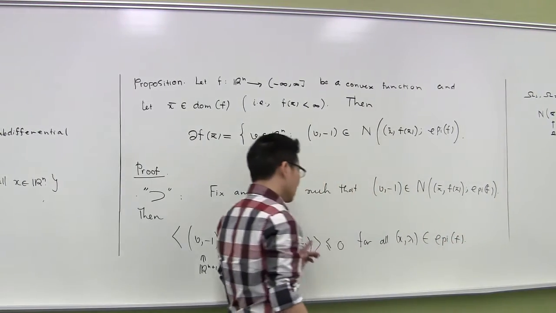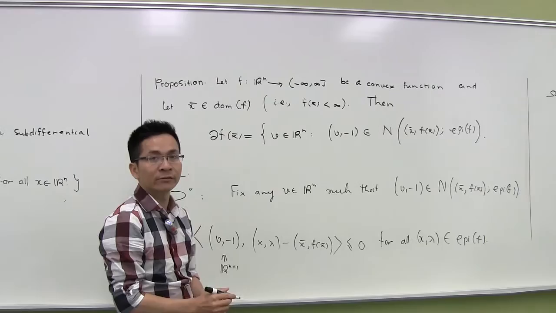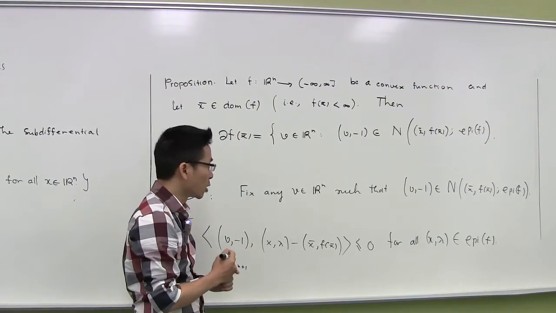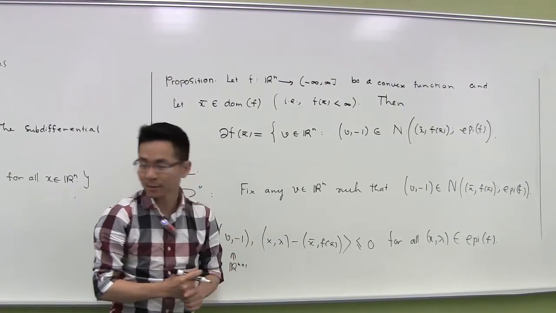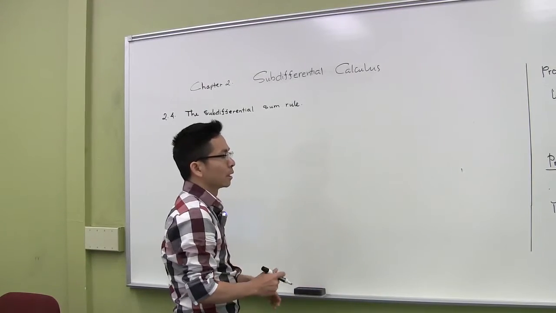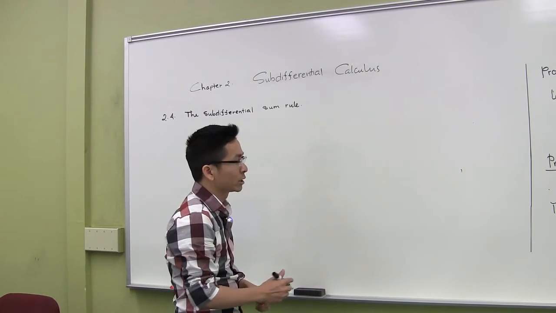Okay, so this follows directly from the definition of normal cones to convex sets. And the proof follows by the following observation.